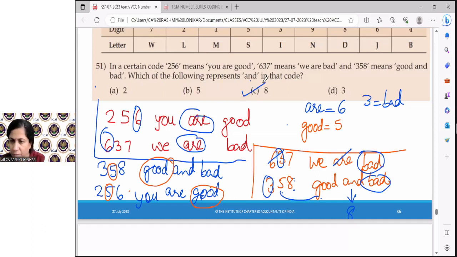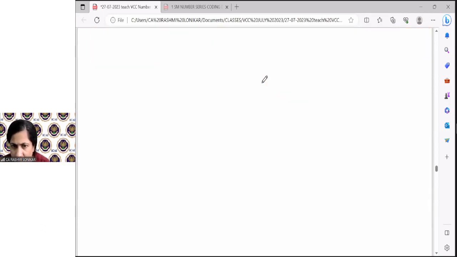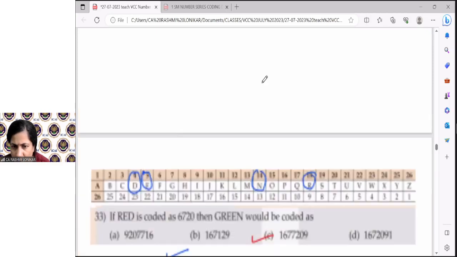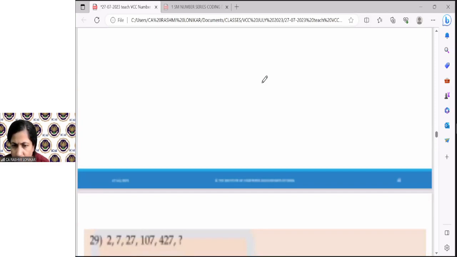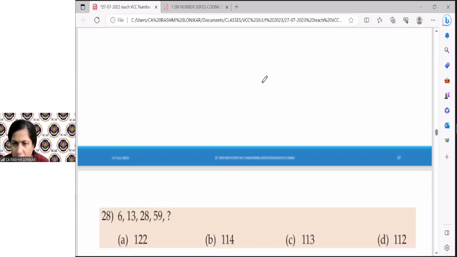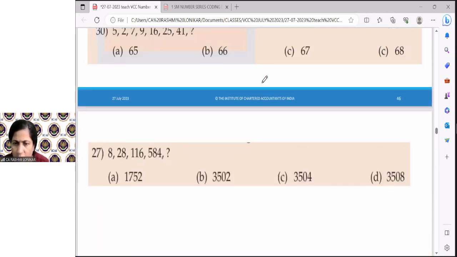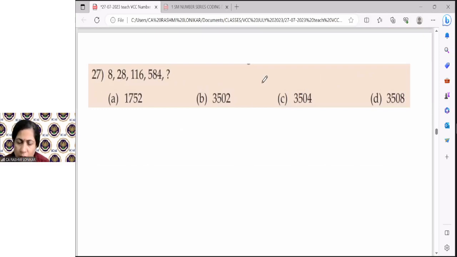Okay. Where is this 27 sum? What happened in the 27 sum? Okay. What is happening here? 28 and 28, 8.